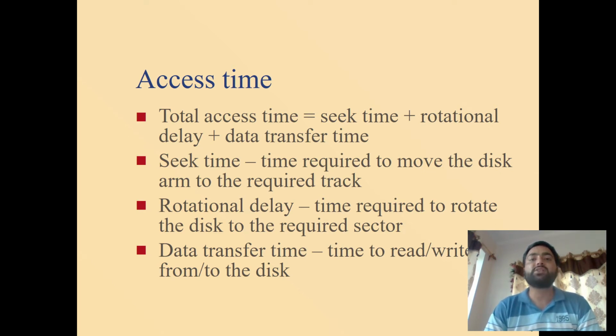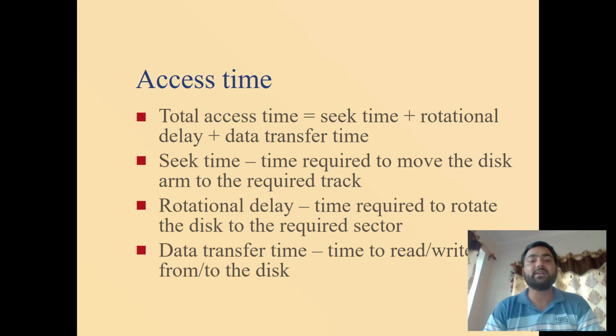This is the actual time that is taken by the operating system to perform a particular input or output operation. That means the transmission of data from the selected sector to the process, or, if it is an output operation, then it is to be stored into the disk at the desired sector.